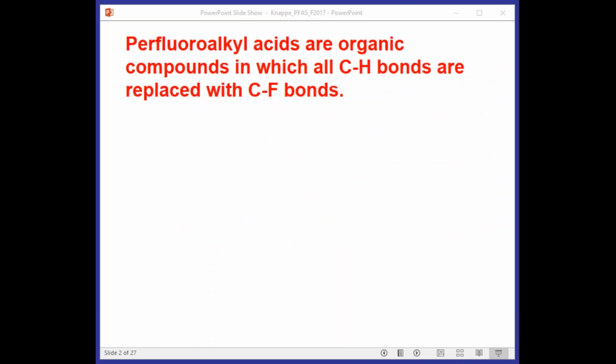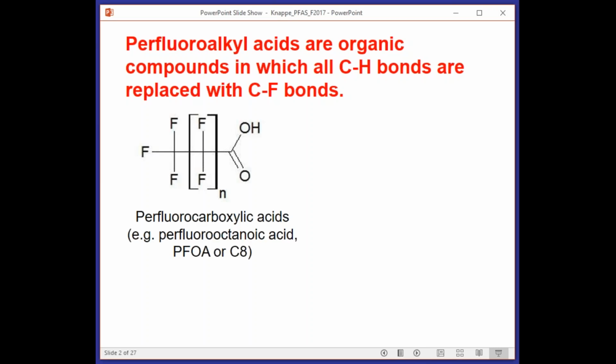PFASs, by definition, are compounds in which all carbon-hydrogen bonds are replaced by carbon-fluorine bonds. Here we have one important representative of PFASs. This is the class of perfluorocarboxylic acids.